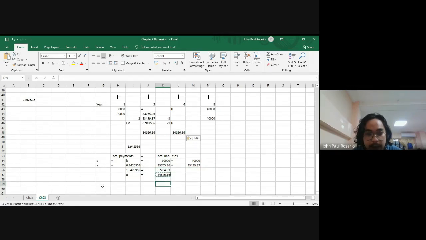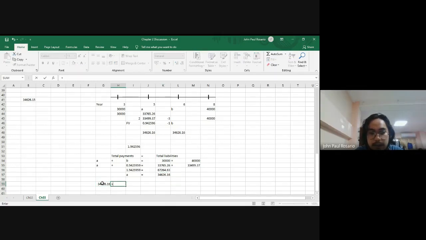Now again, we know that A is the payment at year 5, and our B is also this one. Now multiply this one with our present value factor.